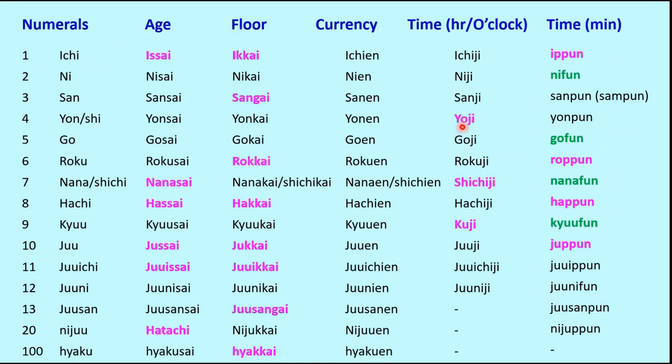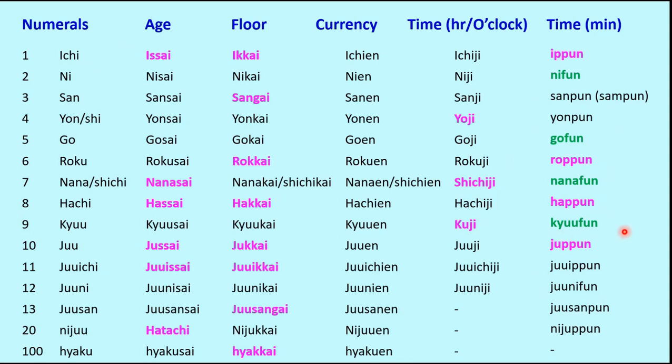In the case of 4, the fourth hour is not yonji, it is yoji, but 4 minutes is yonpun. For the seventh hour, it is always shichiji. It's not nanaji, but the minute is written as nanahun. Ninth hour is kuji, but 9 minutes is kyuhun.